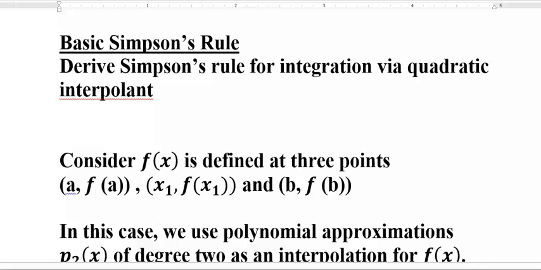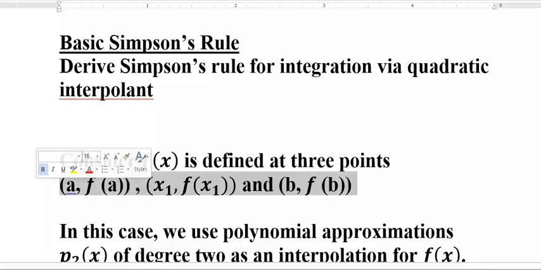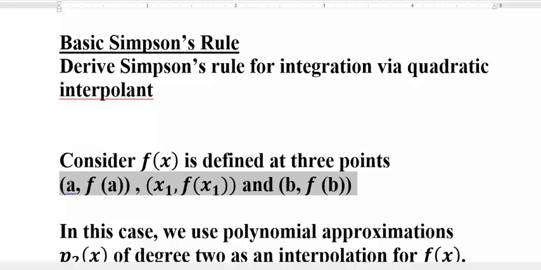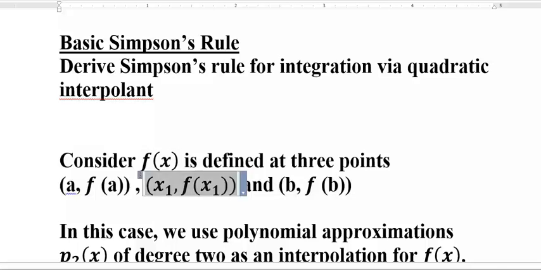In the trapezoidal rule, we need 2 points to make a numerical integration, and here we take 3 points. The first point is a with f of a. The last point is b with f of b, same as the basic trapezoidal rule, and we put in the middle a point x1 with f of x1.